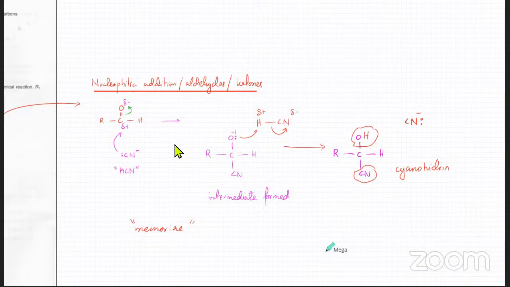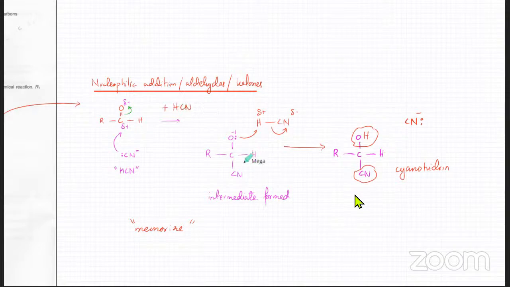You have to memorize the mechanism, how the reaction happens. The reaction is pretty simple. It's just that whenever you see a C double bond O, a carbonyl group in an aldehyde or a ketone, that carbon is going to get attached to an OH and a CN if you react it with HCN. So it's a reaction that happens with HCN.